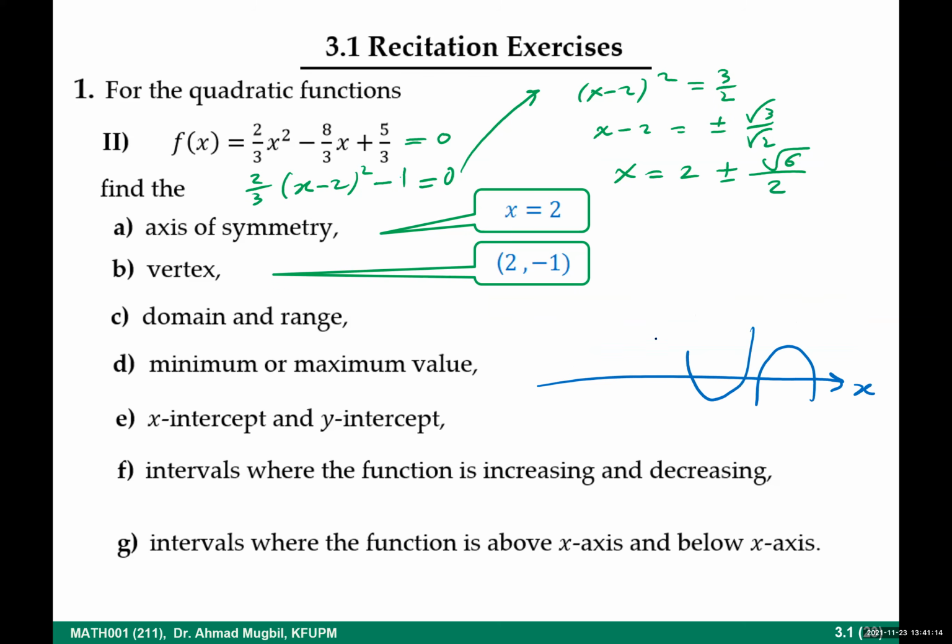And in this case, if we have only 1, what will happen? It will be the vertex. The x-intercept will be the vertex. The third case is what? It means that it is always above or always below. So we may have 2 or 1 or none. There is no fourth case.